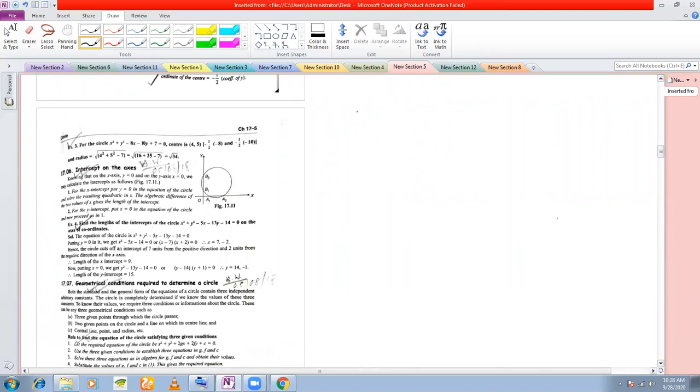First of all, you have already done the standard forms of the equation. What are the standard forms? The first standard form is x square plus y square is equal to a square. The next is (x minus h) whole square plus (y minus k) whole square is equal to r square.